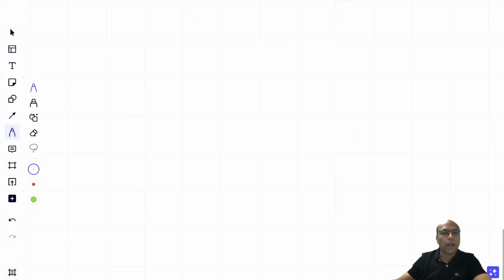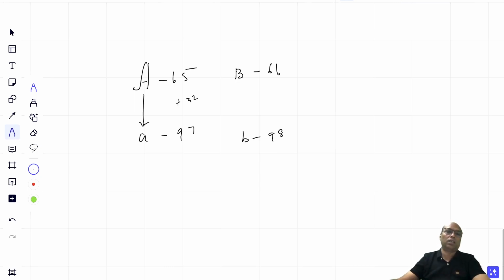The ASCII value of uppercase A is 65, small a is 97. Uppercase B is 66, and this is 98. Therefore, the difference is always 32. If you want to convert uppercase to lowercase, add 32 to it. It will become lowercase.